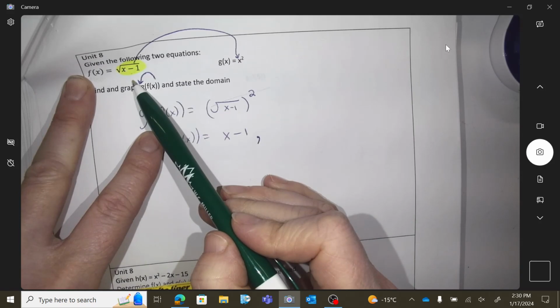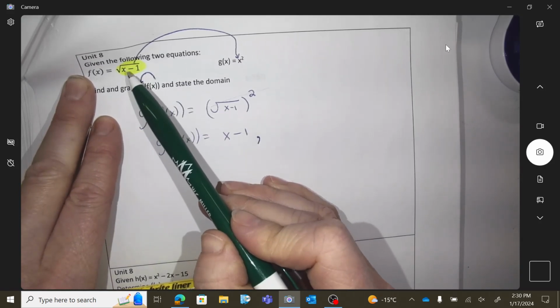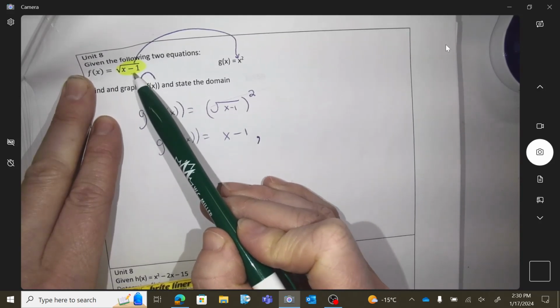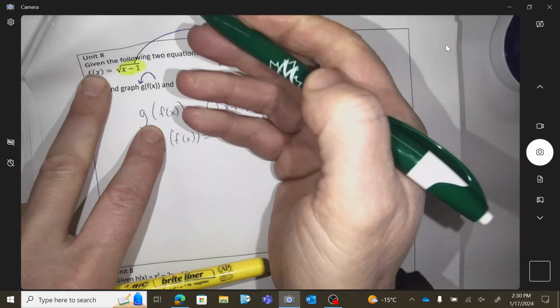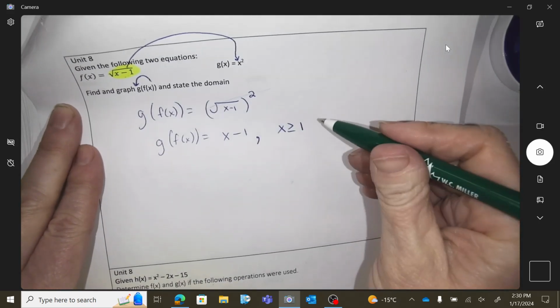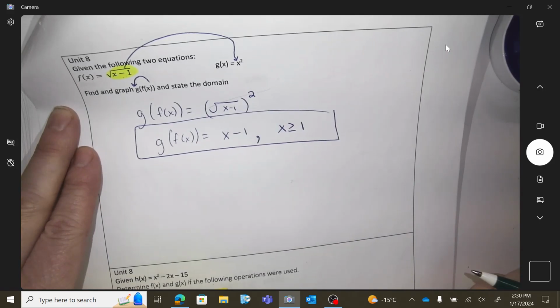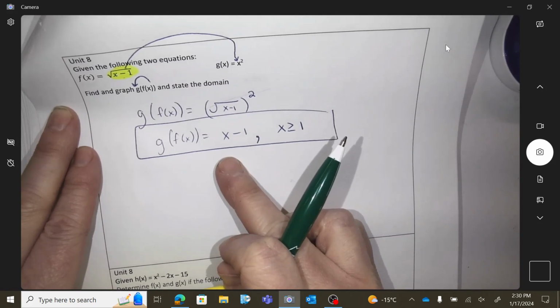But can you square root anything? No. So what do I know about the x here? What's the domain of this? More than or equal to 1. So that needs to come after. You have to state that. If you don't, you will get a deduction.